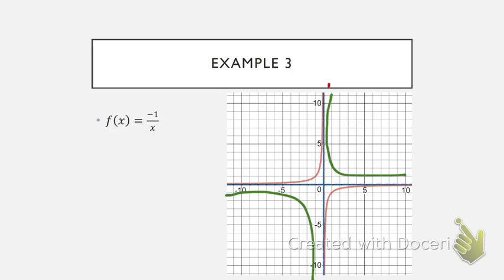last semester, talking about transformation stuff, we talked about how a negative reflects the graph over the x-axis. So when I see a negative, I'm assuming that we're reflecting over the x-axis. And if I look, this green part has been reflected over the x-axis and now looks like that.